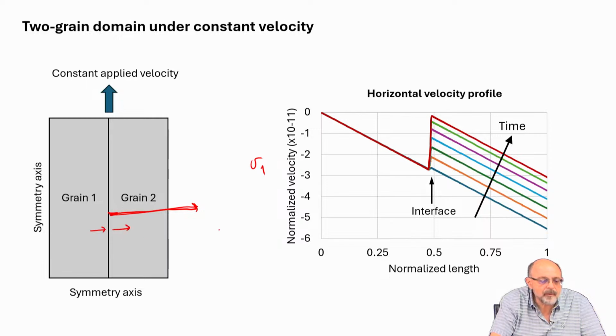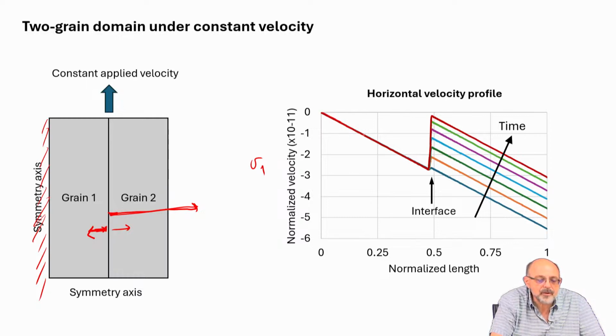The velocities are negative, because this side is fixed. This is a symmetry axis, so all velocities are negative. I should plot them this way.